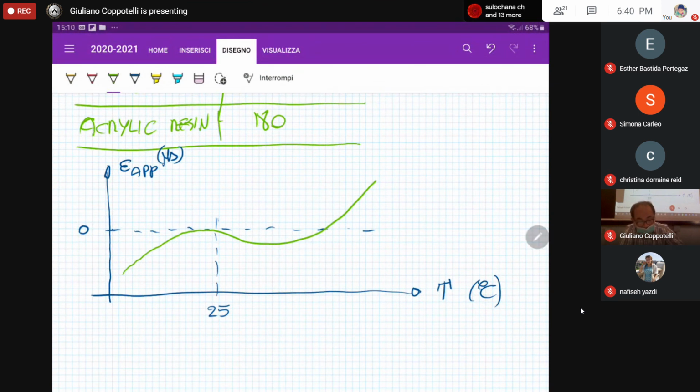Let's assume to have here negative 20 degrees and there about 150 degrees, just to have some reference temperature. The T0, that is the reference temperature, is of course here, in which at 25 degrees we are having zero apparent strain, so that is our reference temperature.